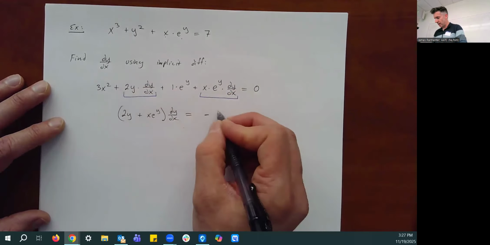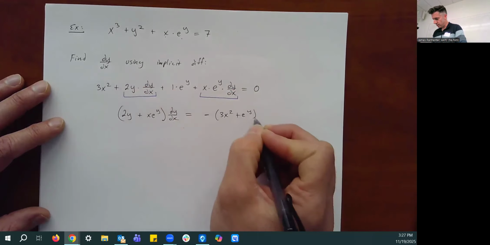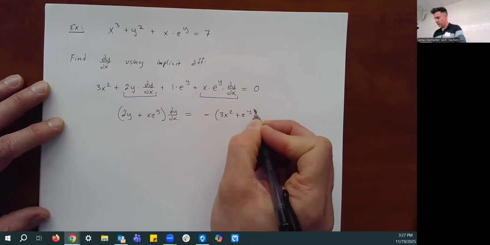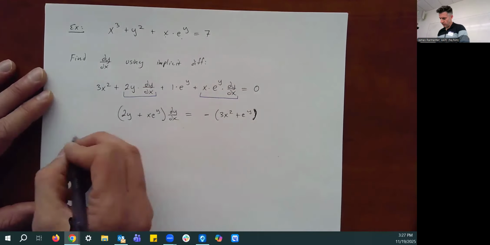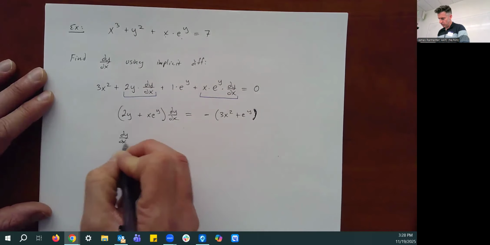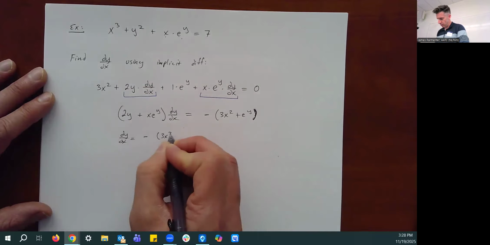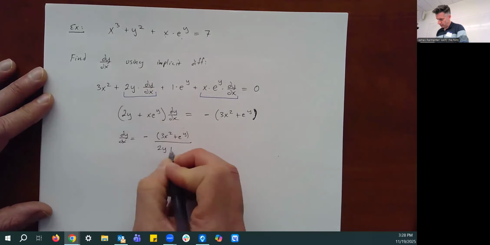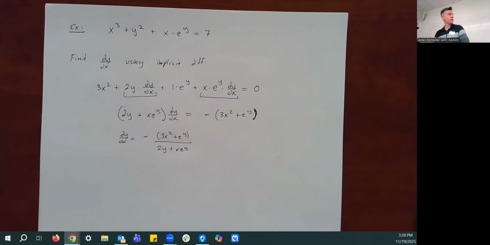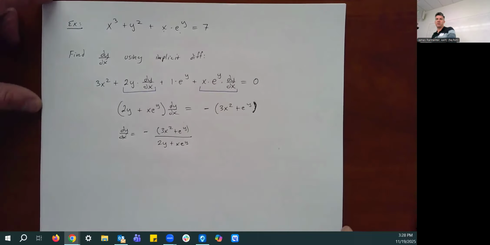I'm actually going to write it as negative 3x squared plus e to the y, which I wouldn't normally do, but there's a good reason for this, which you'll see in a second. And then finally, solving for dy dx, we get that dy dx is equal to negative parentheses 3x squared plus e to the y divided by 2y plus x e to the y. You don't really need those parentheses because your negative is outside of your fraction, it distributes, but okay.